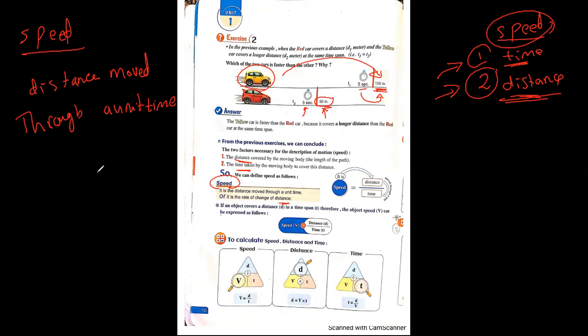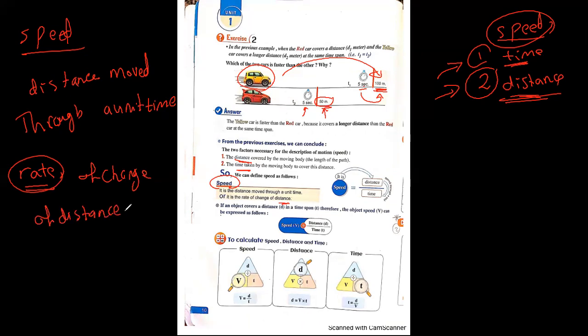Another definition: it is the rate, related to the time. The word rate, when I use it, means related to the time. It is the rate of change of distance.